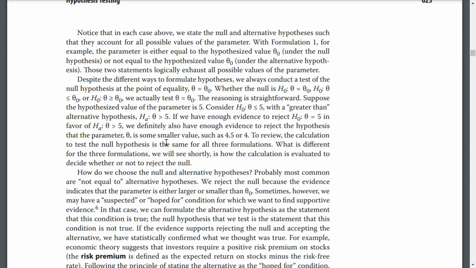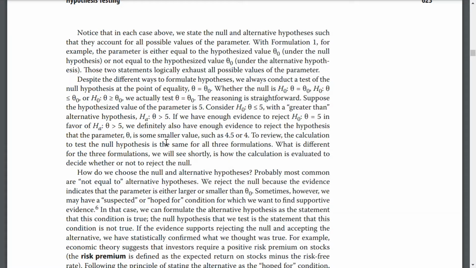The reasoning is straightforward. Suppose the hypothesized value of the parameter is 5, and consider the null hypothesis that theta is less than or equal to 5, with the alternative hypothesis that theta is greater than 5.